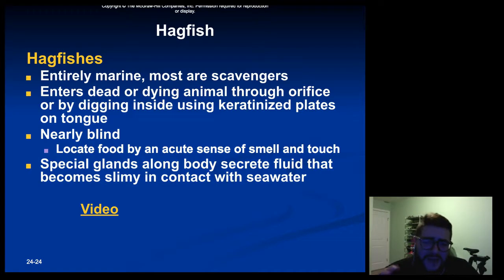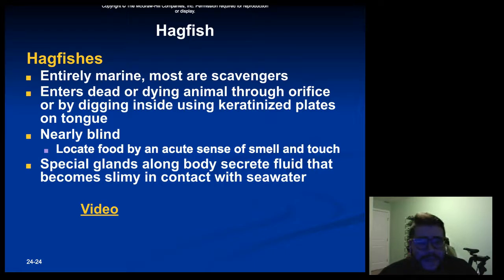And then they dig inside of it using these keratinized plates on their tongue. It's nearly blind. It locates its food with a very good sense of smell and touch. So once it locates its food, it digs into the body of its prey and just starts to eat it until all the rest of it's gone.